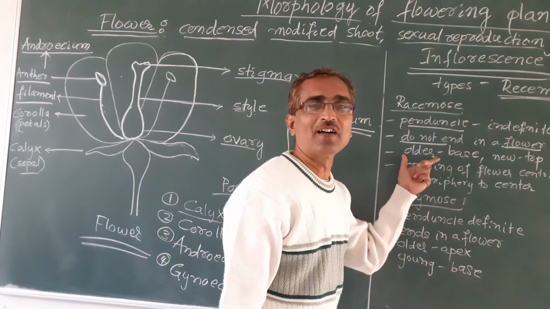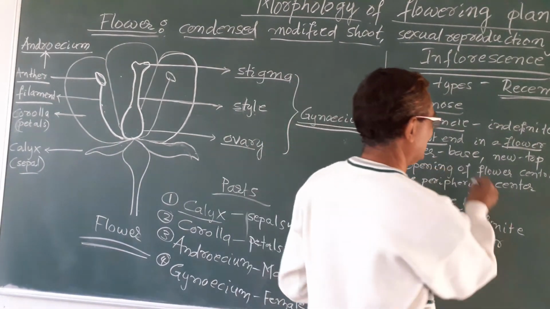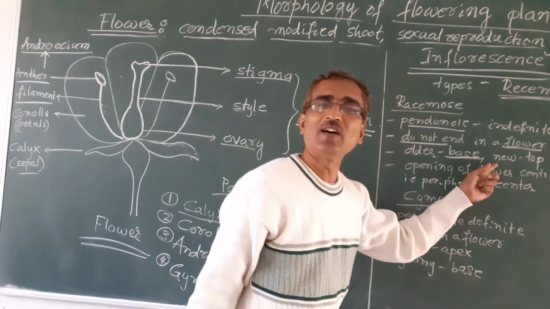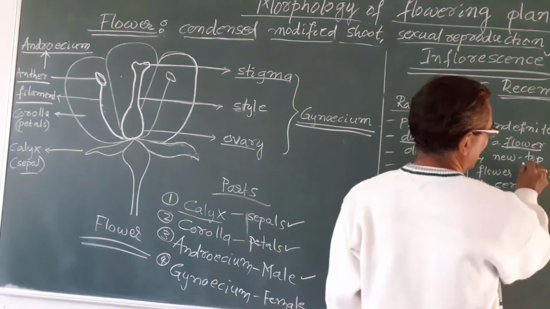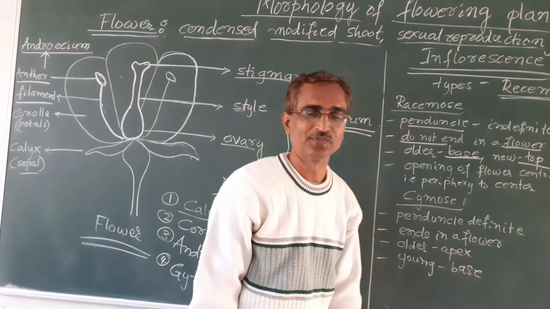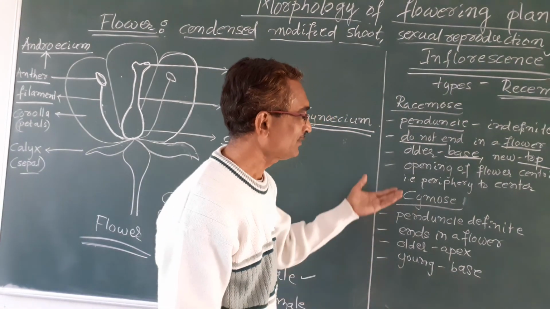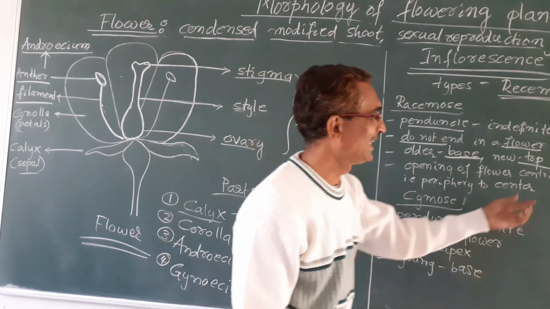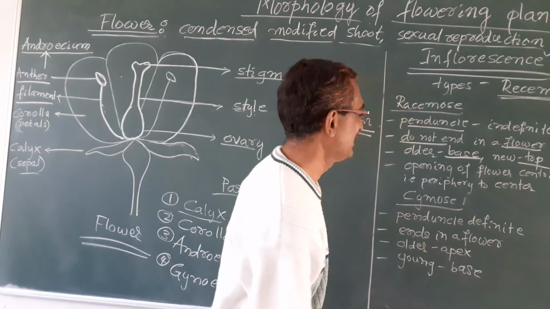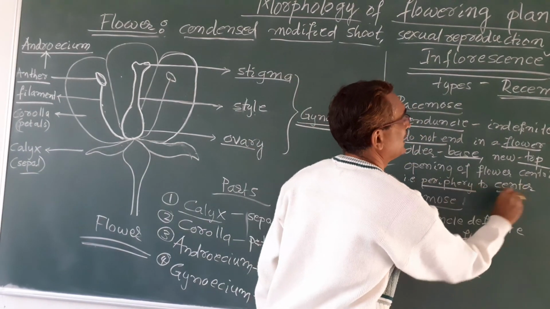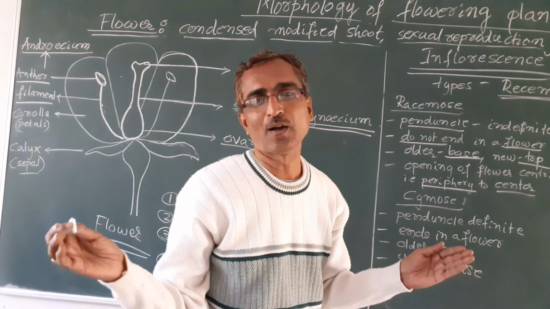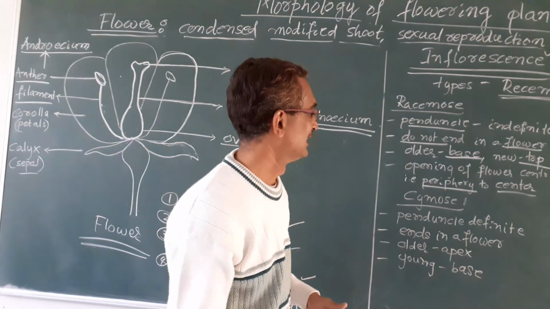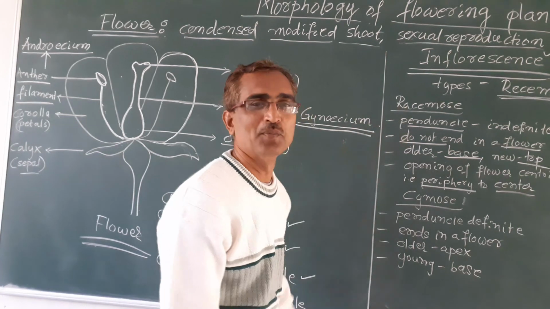The older flowers are found at the base and the new flowers are found at the tip or top. The order of opening of flowers is centripetal, that means from periphery to the center, outside to the inner. That is racemose.